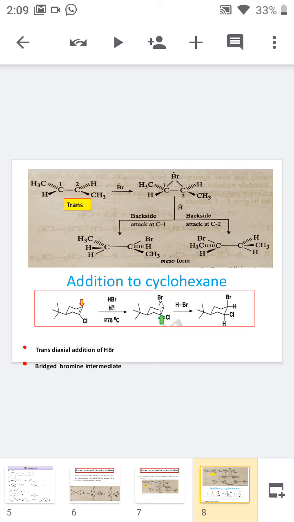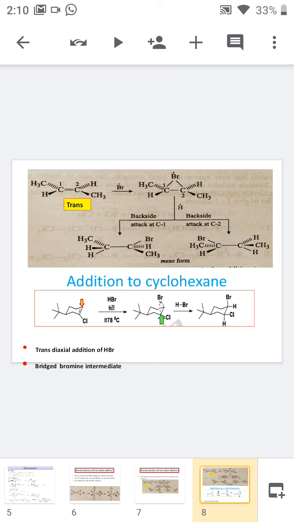If you are adding HBr, since this reaction is a free radical reaction, the bromine is added first, and anti-addition will occur. I have shown the addition of the bromine in yellow color; the arrow indicates the addition of the bromine radical.